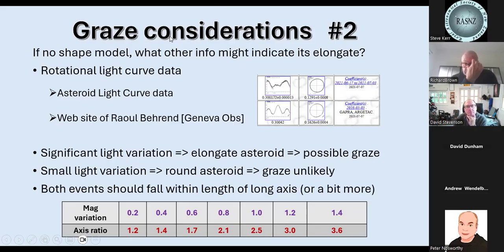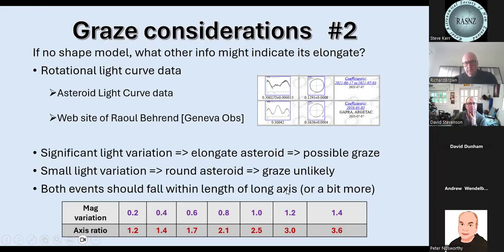There's various sources to look at for light curve amplitudes, maximum amplitudes, where you can derive a maximum axis ratio. If you've got significant light variation in a light curve, that implies it's an elongate asteroid, which says a graze may well be possible. If you only have a small light variation, that suggests that the asteroid is round, more or less, and that means the likelihood of a graze is pretty much zero.